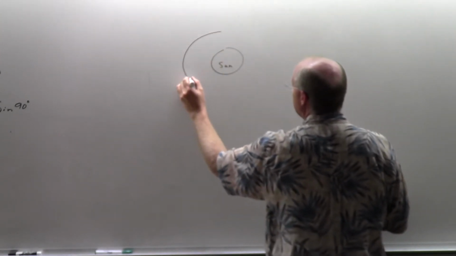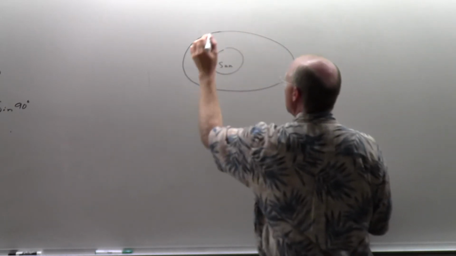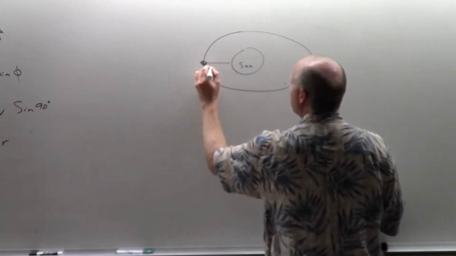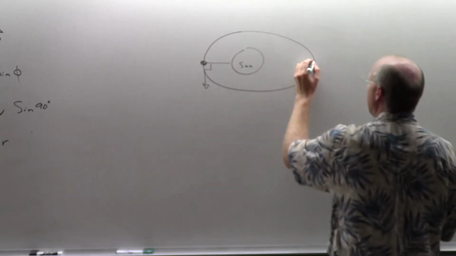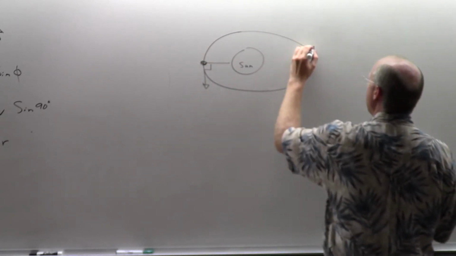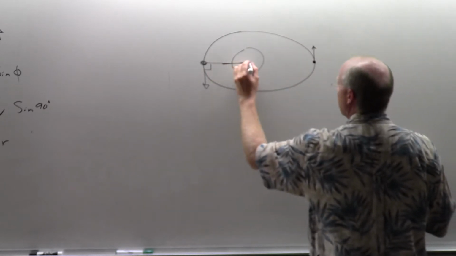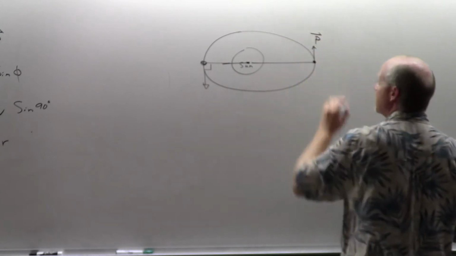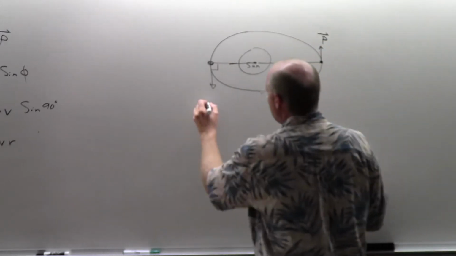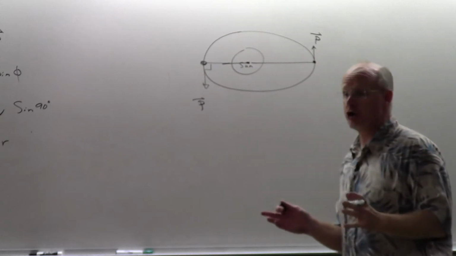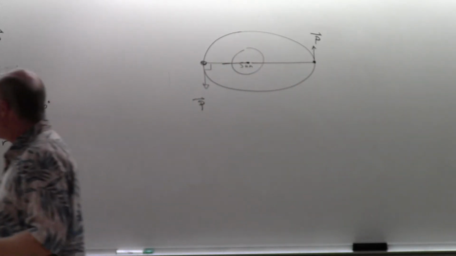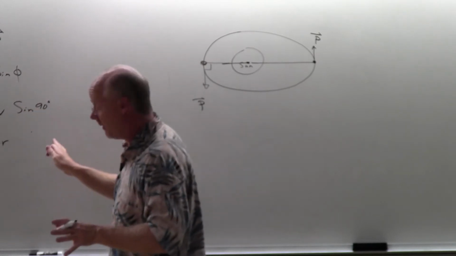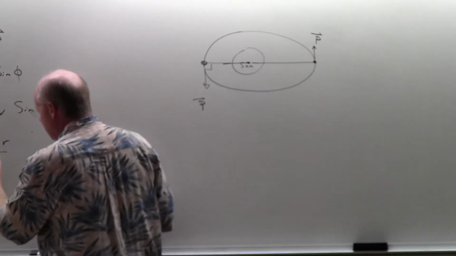Mercury has an elliptical orbit here. They gave it to you here when it was perpendicular at the closest spot, and I may as well put the center of the sun here, and then they gave it here at its furthest point. That's all you could do in 102, because we weren't using any trig functions or the sine of the angle, but we used this formula.